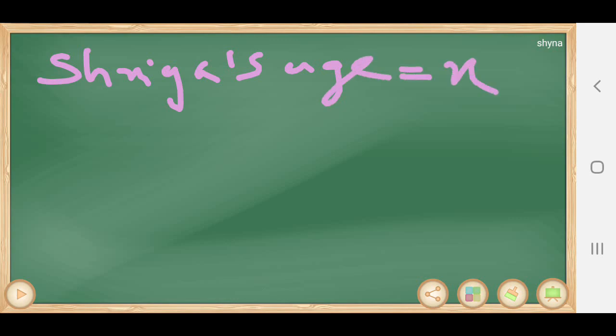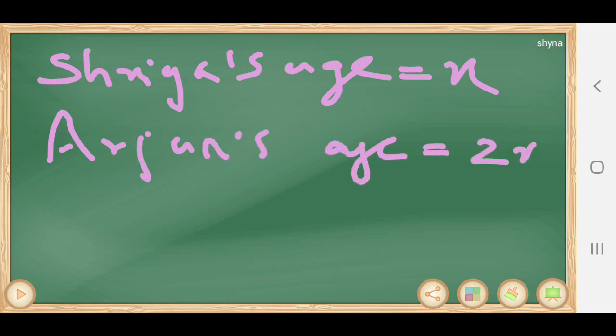Arjun's age is twice of Riya's age, so Arjun's age is given in terms of Riya's age. Let Riya's present age equal x. Then what is Arjun's present age?